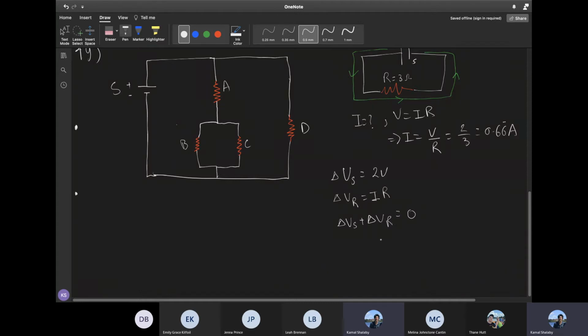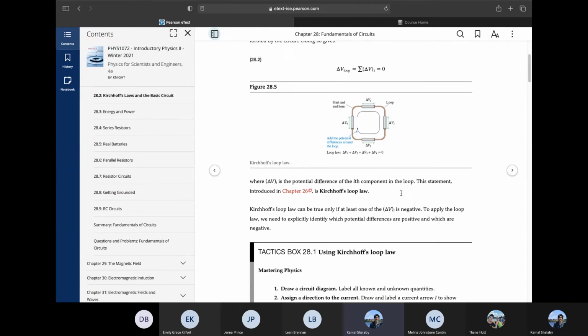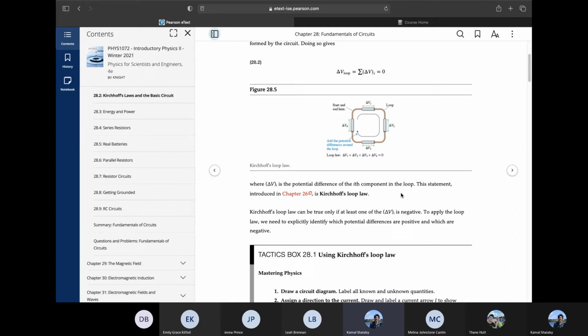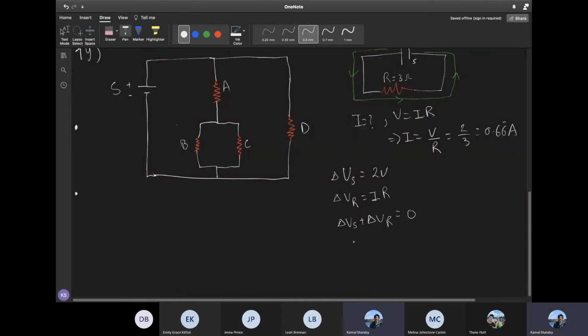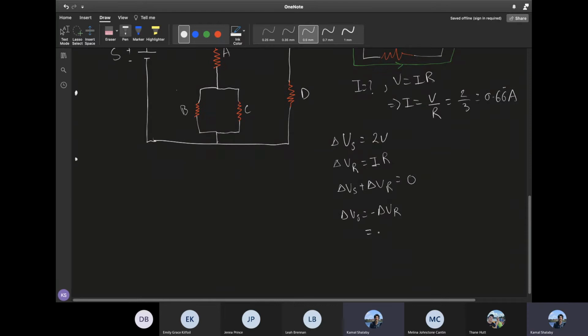This is what the law says. That means that Vs is equal to negative delta Vr, which is equal to negative IR.